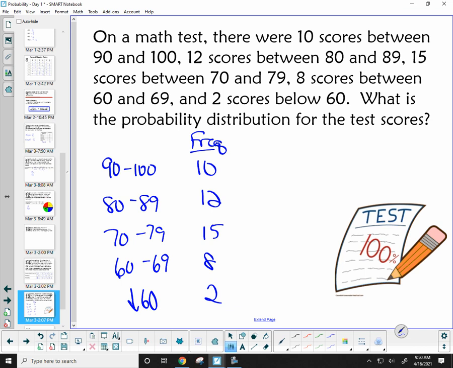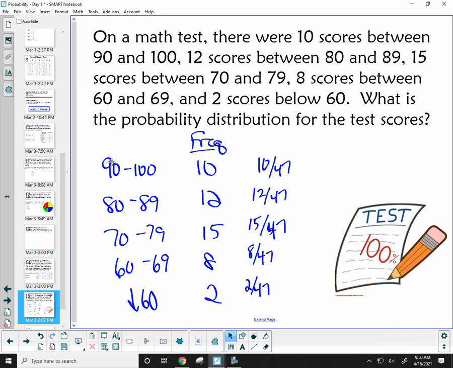Good. So what's our probability distribution here? We have 10 out of 47, 12 out of 47, 15 out of 47, 8 out of 47, and 2 out of 47. Is that okay?